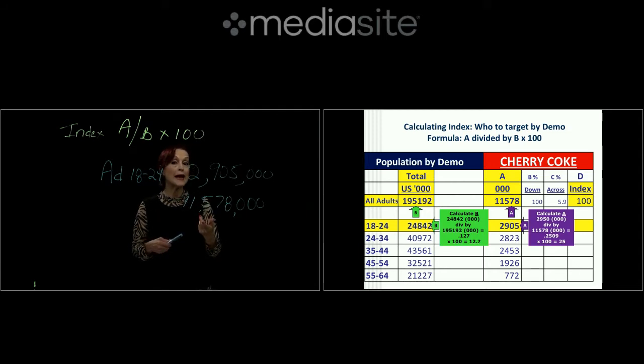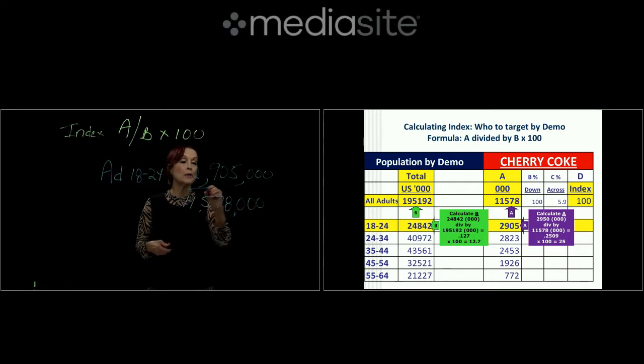So to calculate A, or the percentage of adults 18 to 24 that drink cherry Coke out of all the adults that drink cherry Coke, it is the 2,905,000, or total adults 18 to 24 who drink cherry Coke, divided by 11,578,000, or total cherry Coke drinkers.